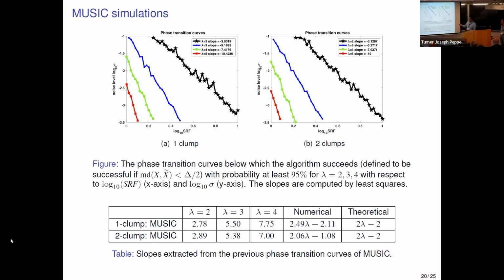As we increase lambda, the regions shrink, which is expected. But more importantly, if you compare these two figures, they're very similar to each other. That's precisely the point, because our theory says that it's really the super resolution factor as well as lambda that controls stability. If we increase the number of clumps or increase the total sparsity, the number of point sources, it shouldn't affect the robustness or the stability of this algorithm whatsoever.